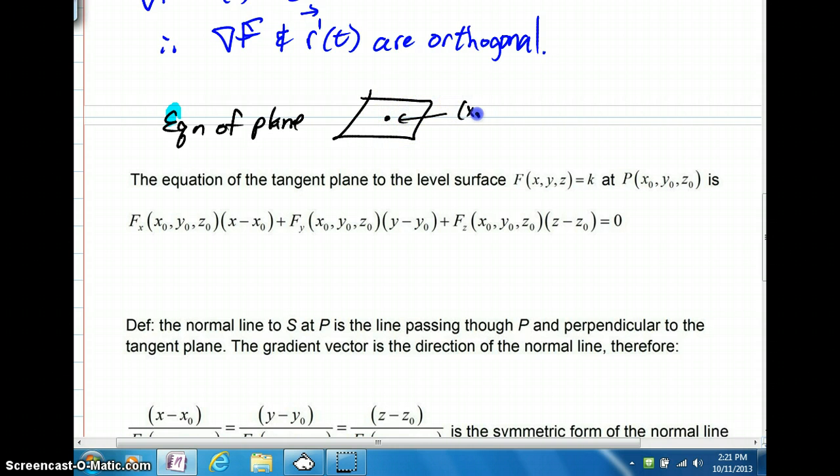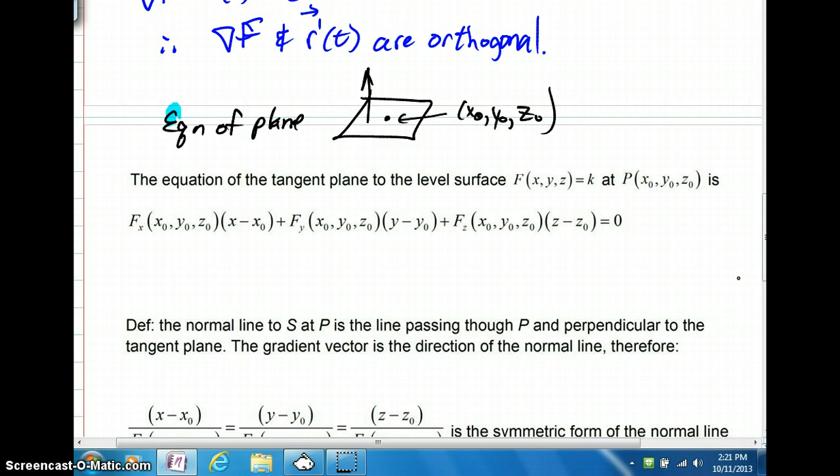We'd say x naught, y naught, z naught. You need a point on the plane. What else do you need? A vector that's perpendicular to it. Can you think of a vector that's perpendicular to it? Hint, hint, hint. The gradient.